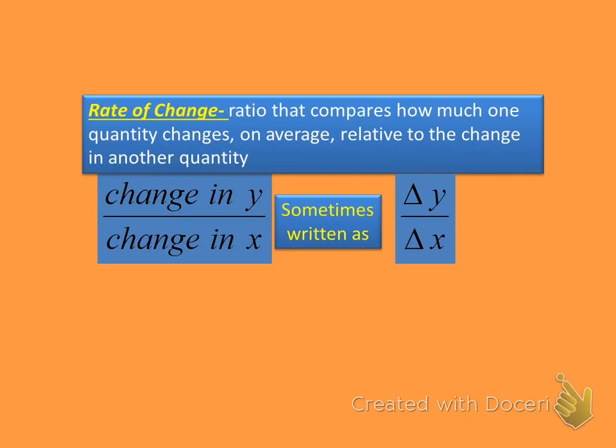But I won't ever use delta y over delta x, just so FYI. Okay, so rate of change, change in y, divided by change in x.